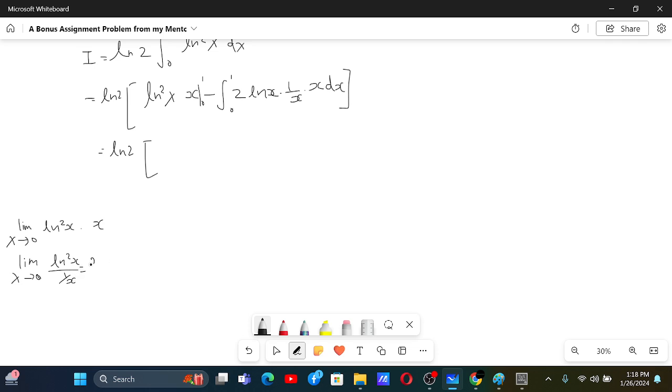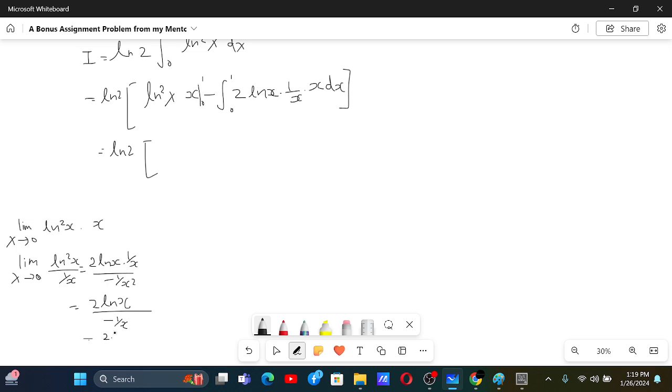We can differentiate. We have 2 ln x times 1 by x in the numerator, and in the denominator we have minus 1 by x square. If we take this x over here, we will have 2 ln x by minus 1 by x. Now it's again infinity by infinity form, so differentiate.